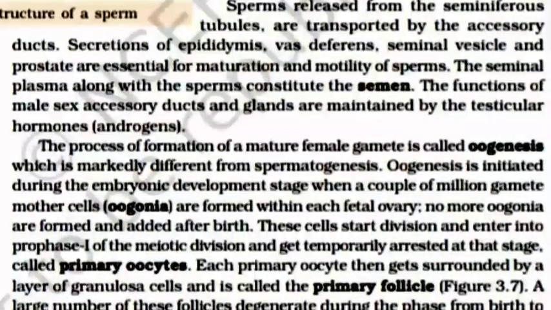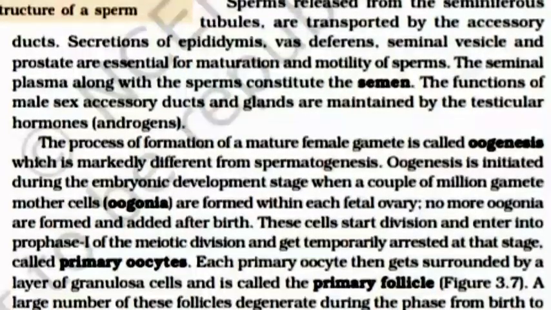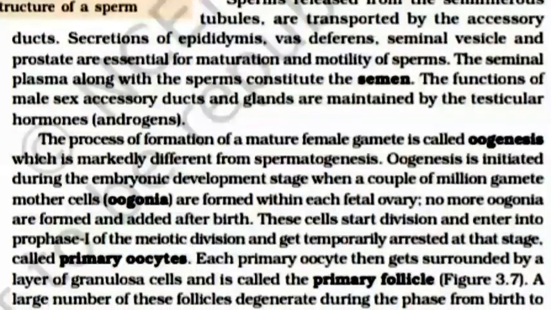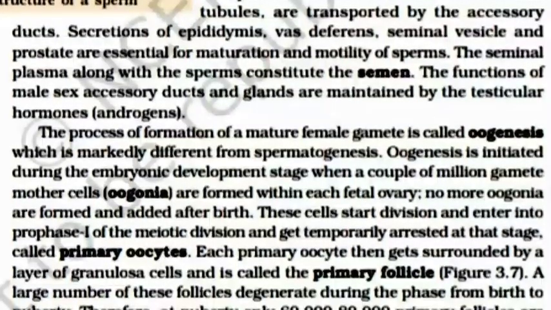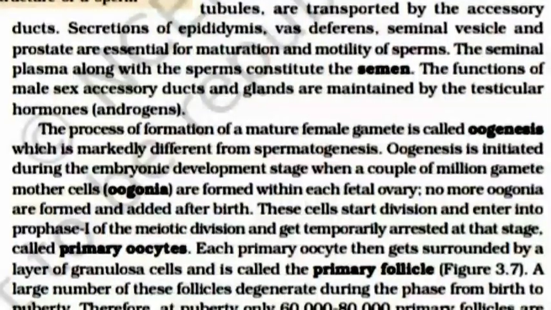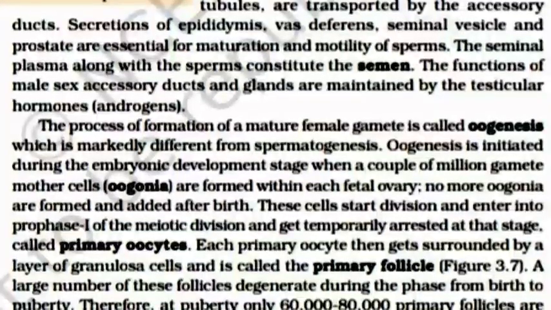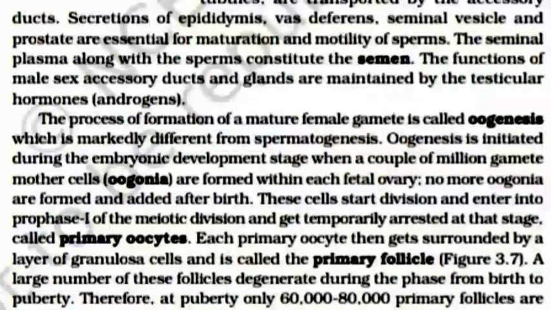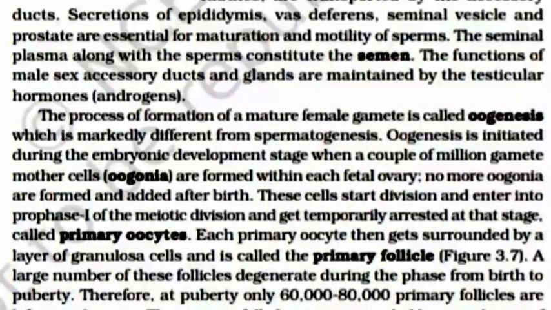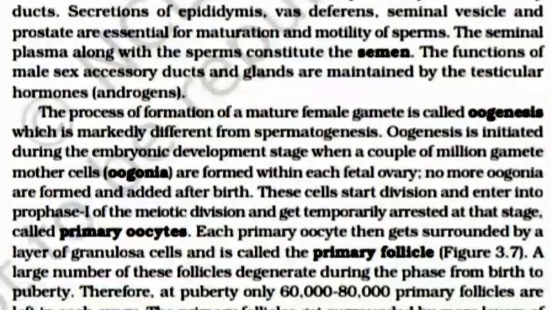Secretions of epididymis, vas deferens, seminal vesicle and prostate are essential for maturation and motility of sperm. The seminal plasma along with the sperm constitute the semen. The functions of male sex accessory ducts and glands are maintained by the testicular hormones, androgens.